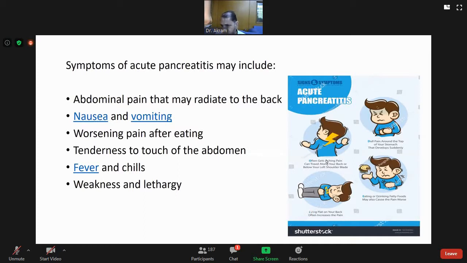In the same way, if there is pain in the right hypochondrium, known case of gallstone, pain is sudden onset, becomes diffuse, associated with fever, jaundice. The most likely diagnosis is acute pancreatitis, acute cholecystitis, and acid disease.